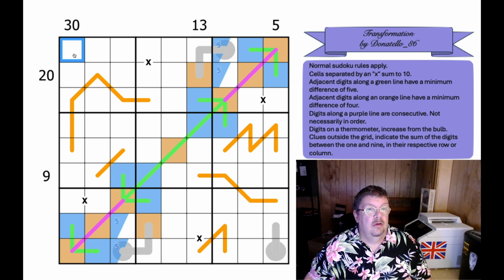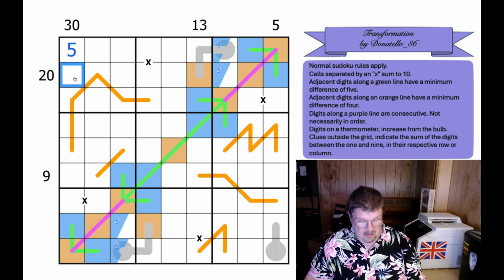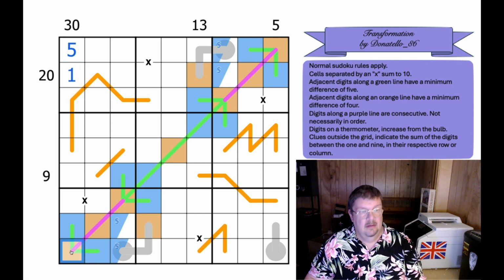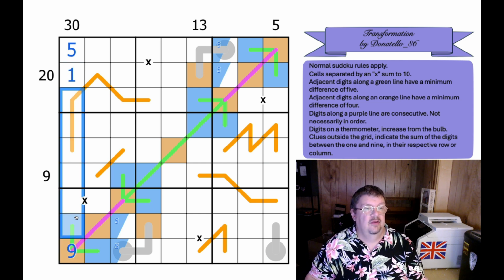Let me explain that a bit better. We could have a 5 here, a 1 here, and a 9 here, for example, and then those would add to 30. Or we could have a 2-3 pair here, a 1 here, and a 9 here.